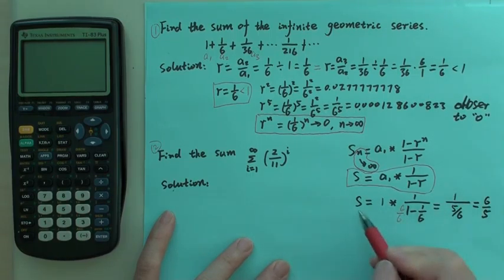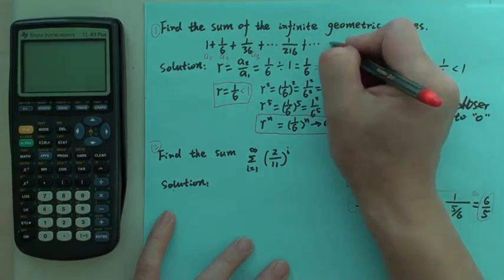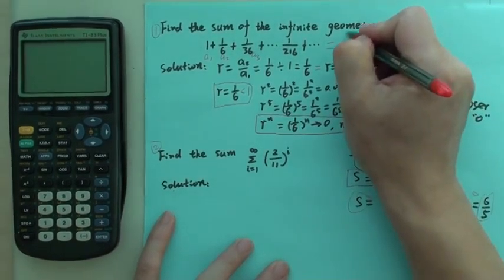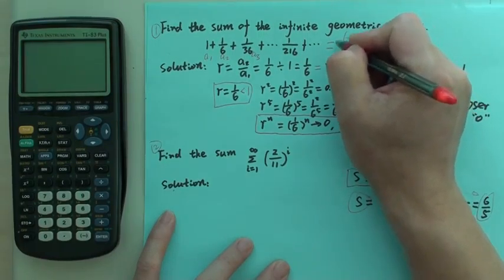So S equals 6/5. This tells us that if you add all of them together, you have 6/5. That's it.